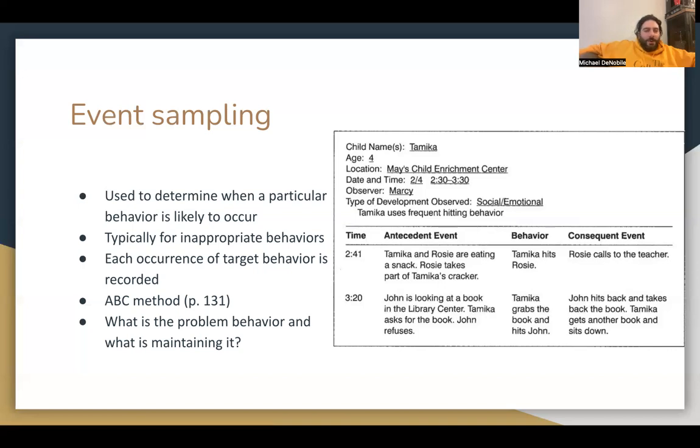You will notice that this is anecdotal in nature, but there's more information that's being provided. So that's what event sampling is. We're providing a sampling of events in order to better focus on what it is. In this case, this is for social emotional.